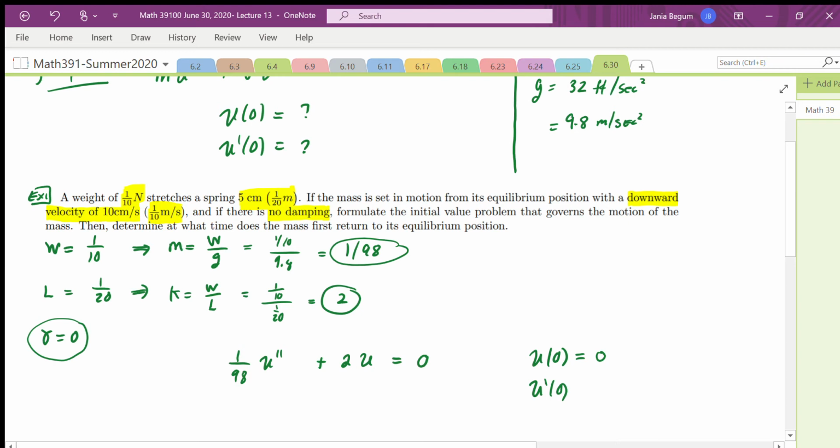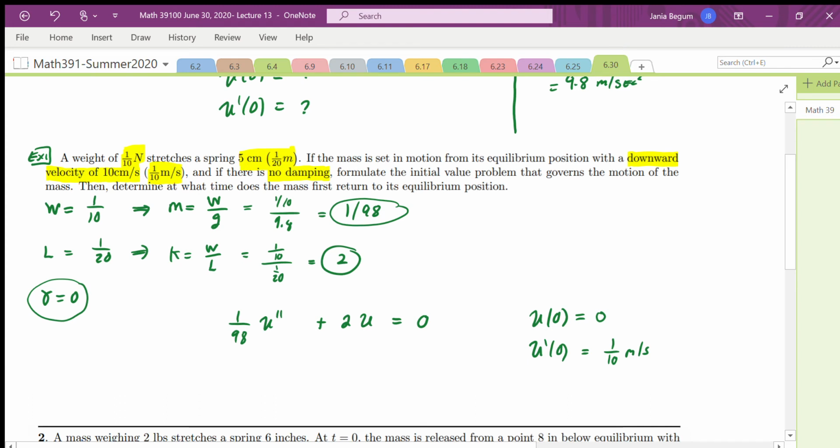And with a downward velocity of 10 centimeters per second, that means it's a positive initial velocity because you're applying velocity to it, and it's going to be 1/10 meter per second. So that's the setup for the initial conditions.